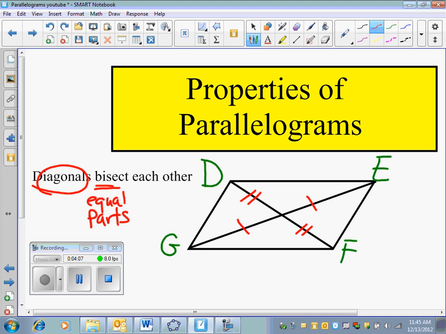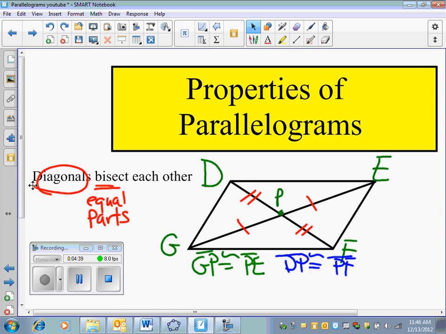So, I'm going to label this point right here, the point of intersection, I'm going to call it point P. So now you can clearly see that segment GP is congruent to segment PE because the property states that diagonals bisect each other. Anything else we can conclude in this picture? Exactly. Segment DP is congruent to segment EF.